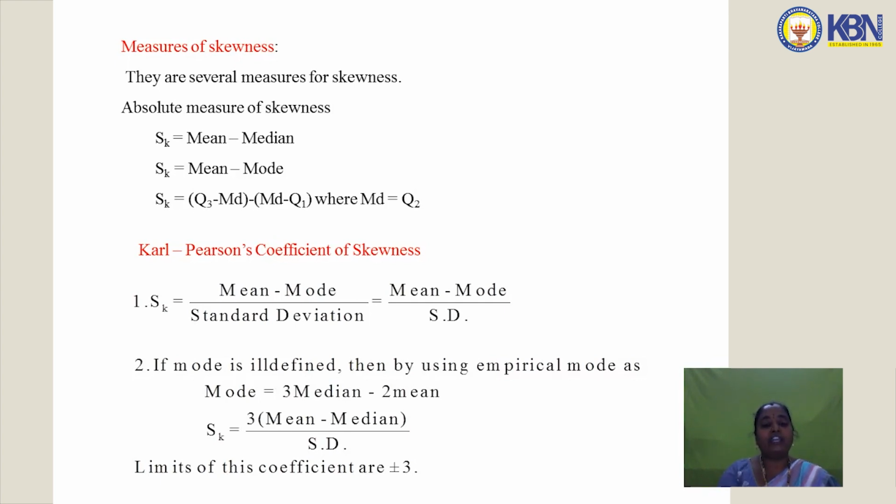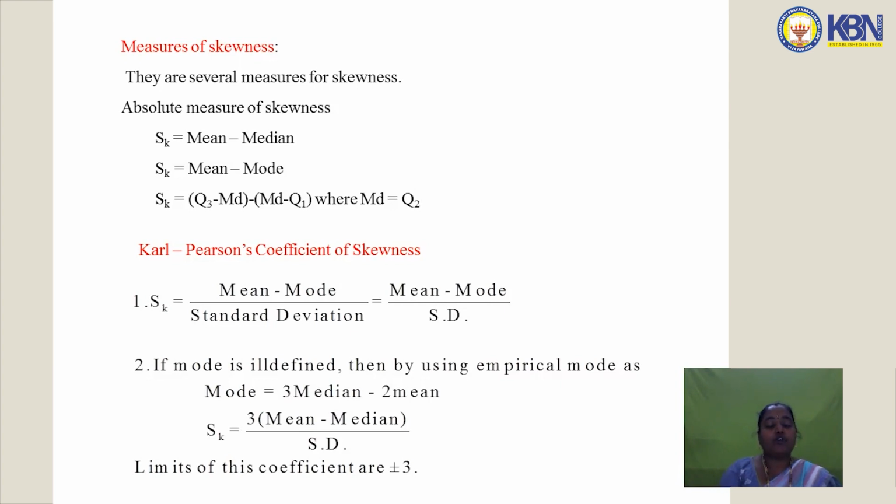If we want to find the skewness, meaning lack of symmetry, then one of the formulas is skewness equal to mean minus median, or skewness equal to mean minus mode, or skewness equal to Q3 minus median minus (median minus Q1). Median is nothing but the second quartile. And another method for finding the measure of skewness is Karl Pearson's coefficient of skewness.